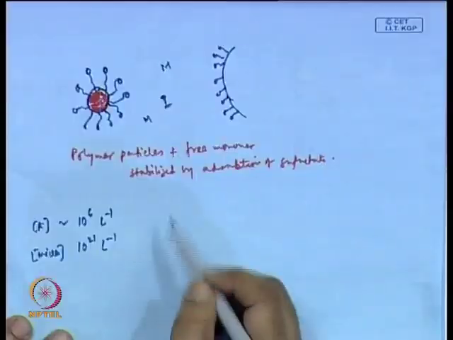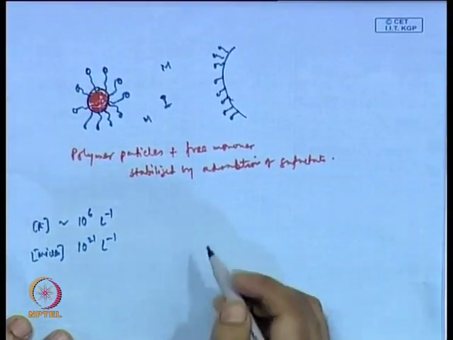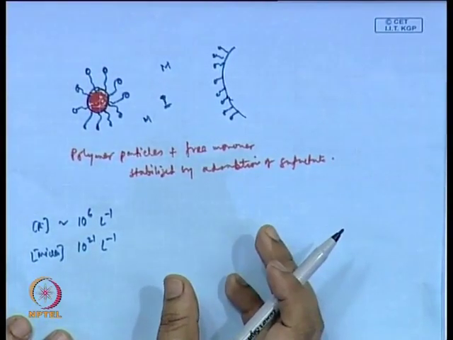Now, because these radicals are entering into these micelles or the polymer particles randomly, the probability of finding at any point of time one radical or 0 radical is the same. That means the average number of radicals in one particle is half, because the probability of finding one radical and no radical is the same.